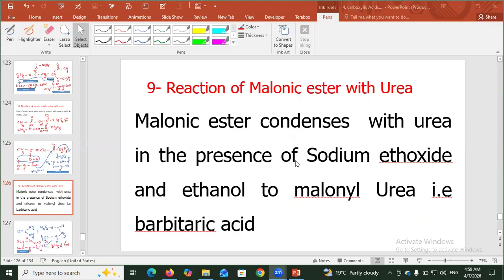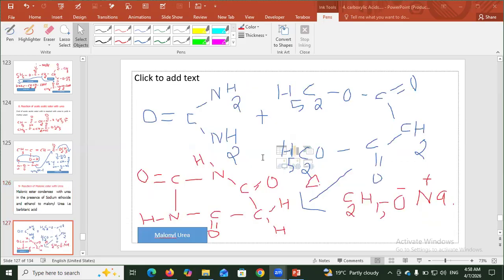Reaction of malonic ester with urea. Malonic ester condenses with urea in the presence of sodium ethoxide and ethanol to give malonyl urea, that is the barbituric acid. This is the urea.